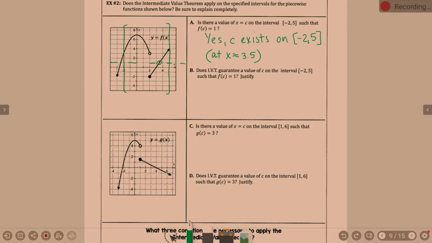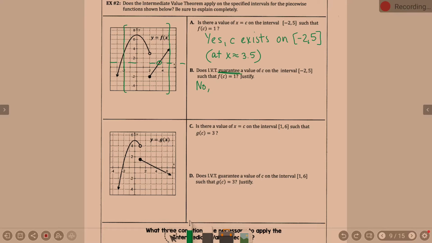Yes, we see a value exists, but the IVT doesn't say what the value is. It just says whether one has to exist. Does a value have to exist? And why not? It's not continuous. It failed the number one rule here. So does IVT guarantee? That's the key. And the answer is no.